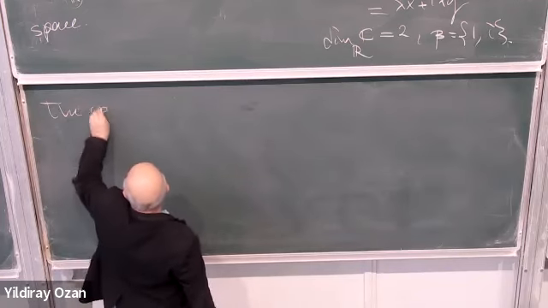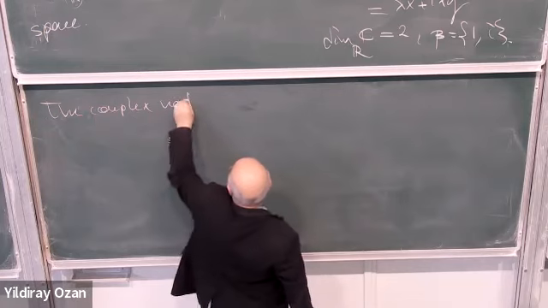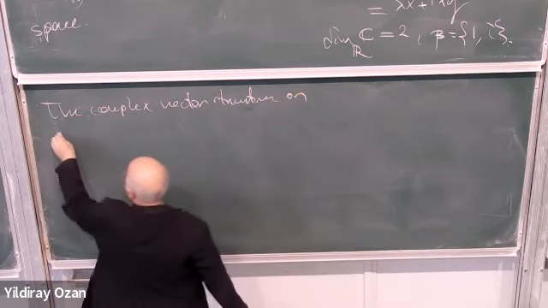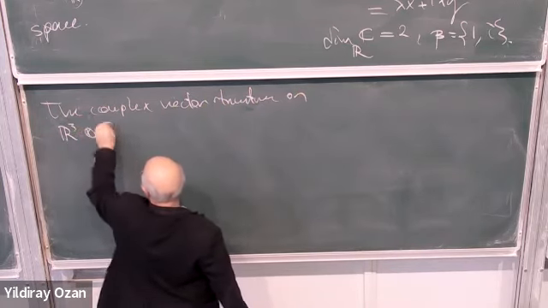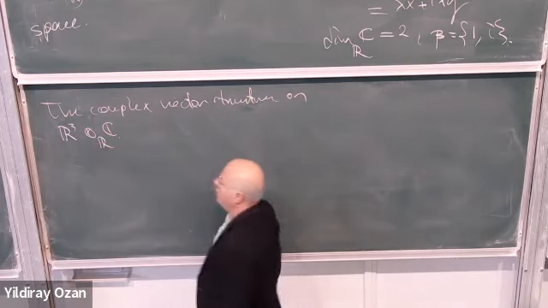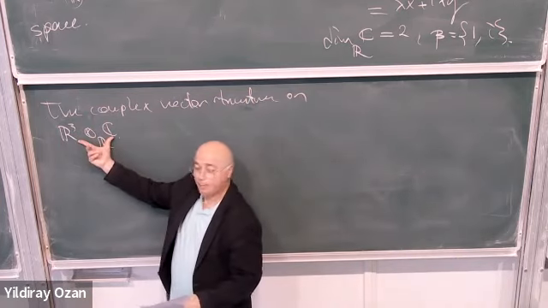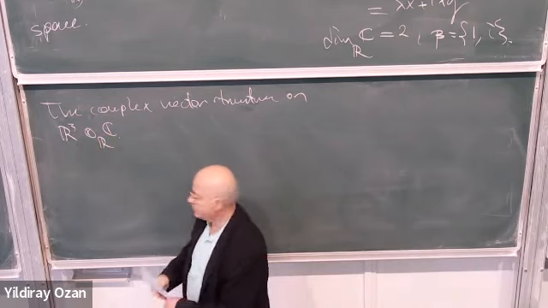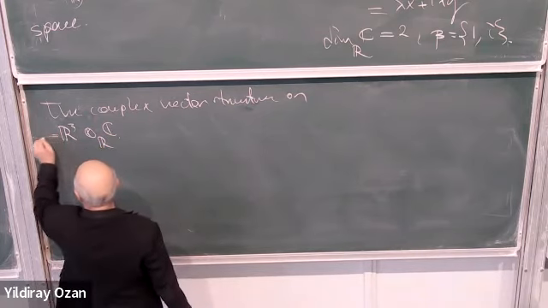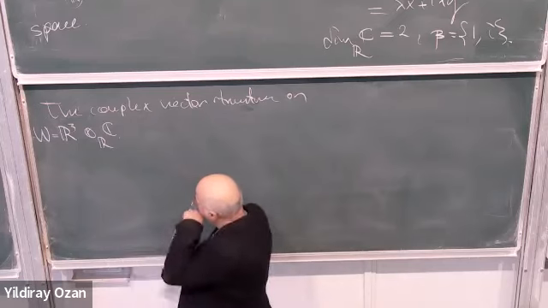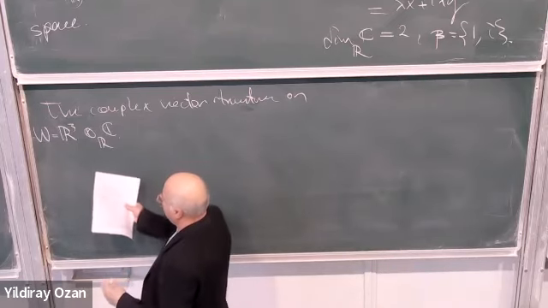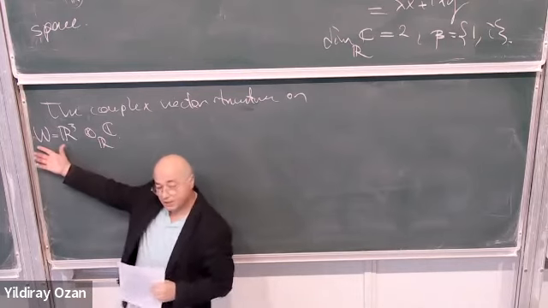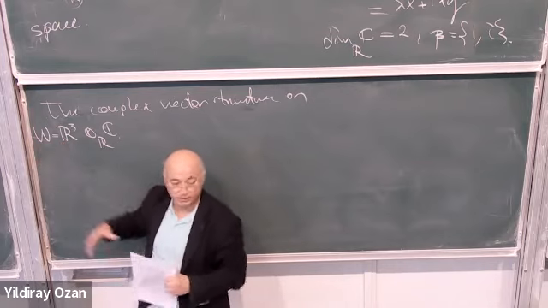The complex vector space structure on R3 tensor C. I consider both of them as real vector spaces, but now I claim that this is a complex vector space. Let's say this is W. And what is the addition operation? I have to tell you what the addition operation is here and what the scalar multiplication is.